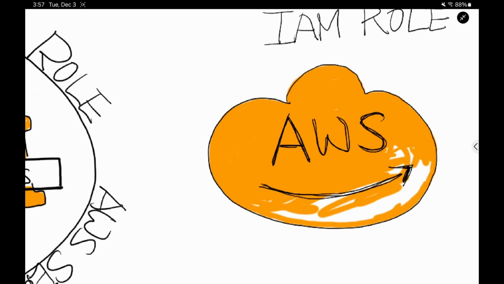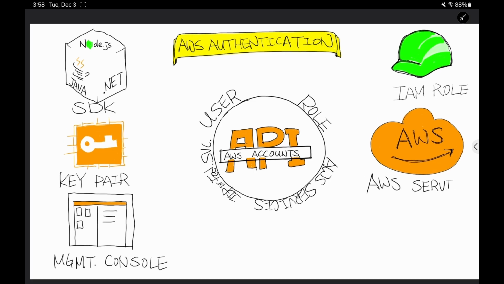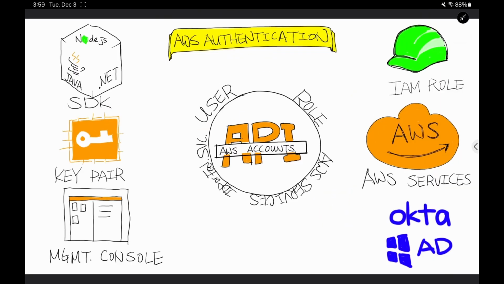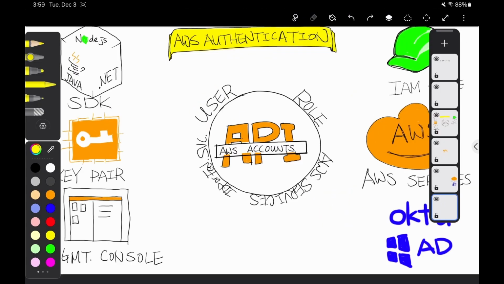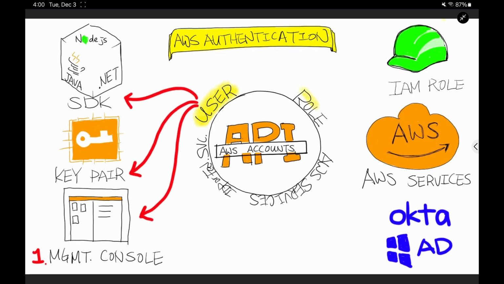Finally, there is the identity provider and federated services. This method integrates external identity systems such as Active Directory or Okta with AWS. Users can then access AWS services through their existing identity providers or Microsoft AD credentials.